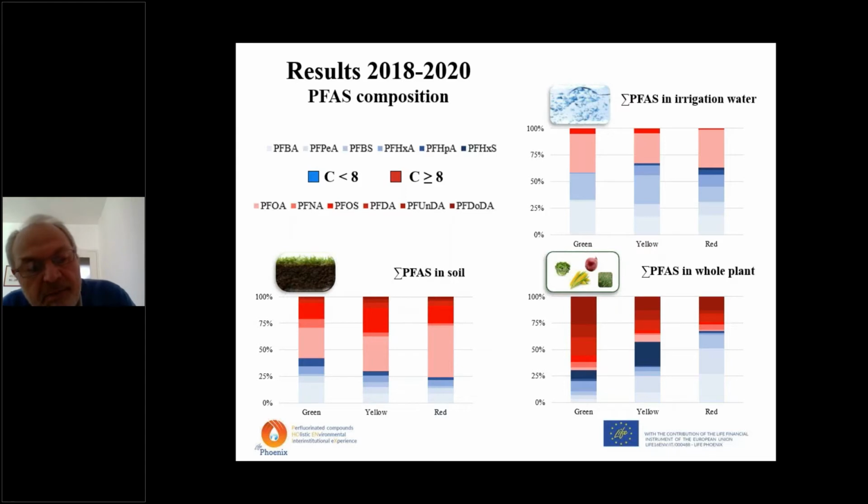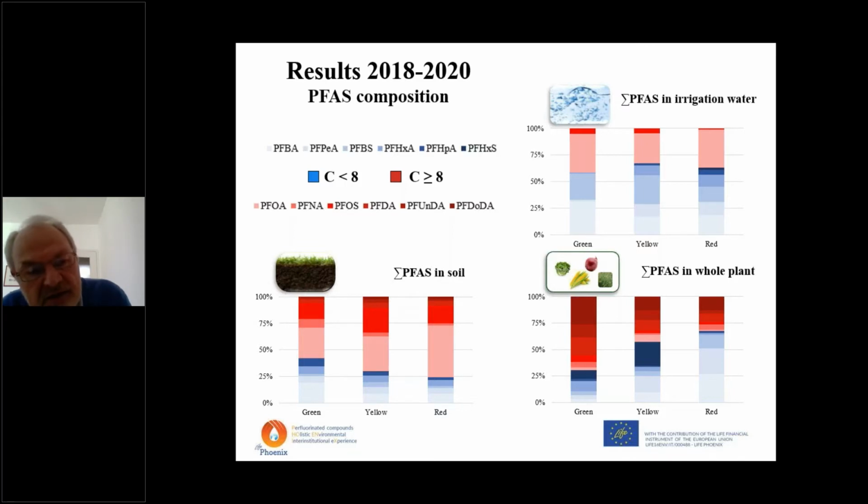The long chain PFAS accumulate in the soil and stay there, and can be a source, of course, for roots, because this is whole plants. Yes, of course, we also included roots in this analysis.